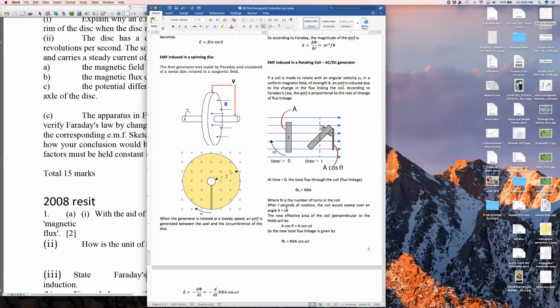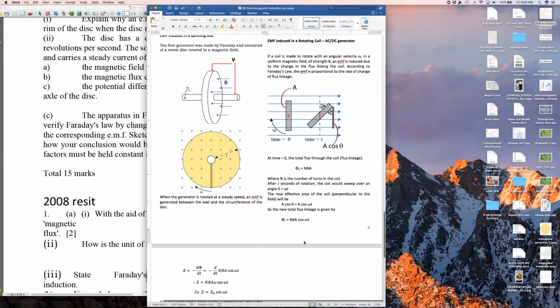And if it's moving at an angular velocity omega, theta must be equal to omega t. So instead of cos theta, it's also equal to cos omega t. T is the time it has been rotating, omega is the angular velocity. Again, that's a unit 1 equation, omega t. So the flux at time t is equal to NBA cos omega t.